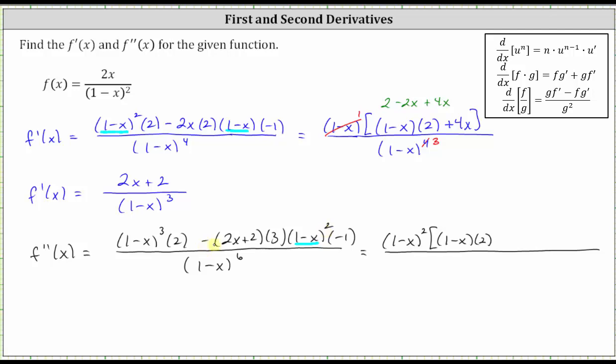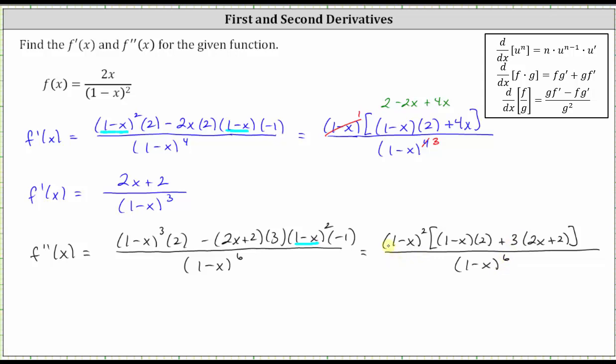So that leaves us with minus the quantity 2x plus 2 times 3 times negative 1. Well, subtracting a negative is equivalent to adding a positive. So let's write this as plus 3 times the quantity 2x plus 2. And this is still all over 6 factors of 1 minus x.